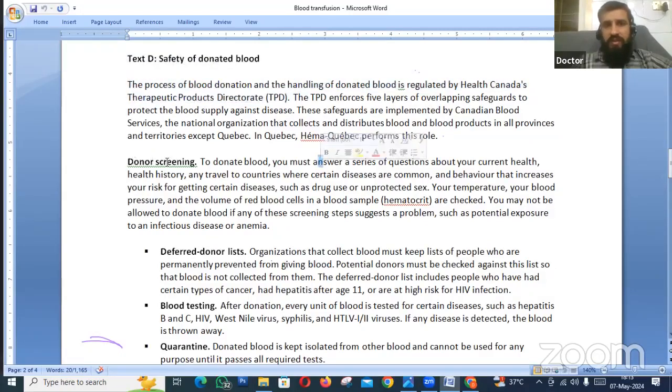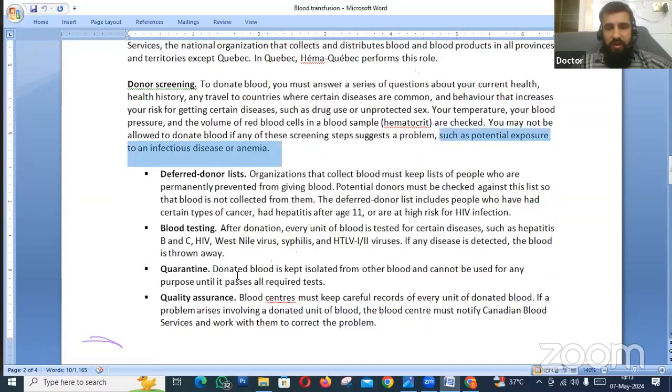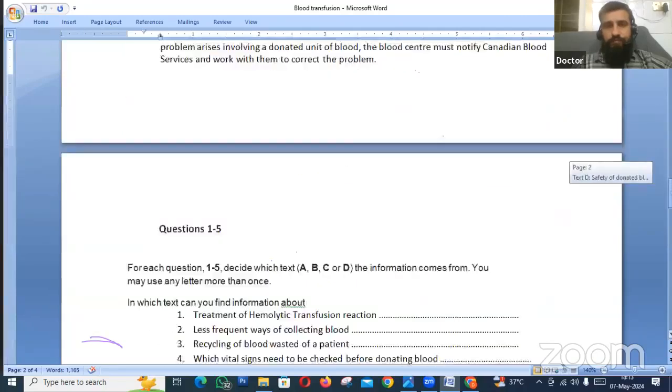Now, donor screening: to donate blood, you must answer a series of questions, okay? Traveling, disease, your temperature, blood pressure, then deferred donor lists, okay? Then you have blood testing, then quarantine, then quality assurance. This was just quick skimming and scanning, okay?